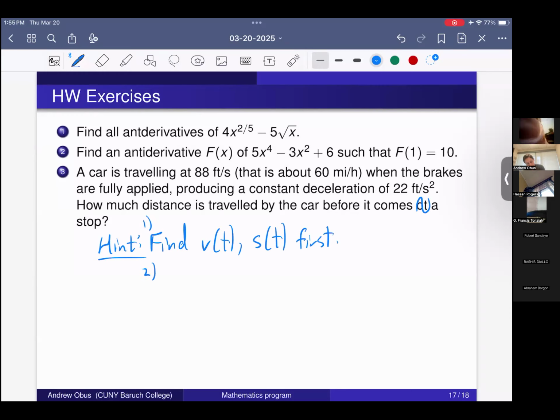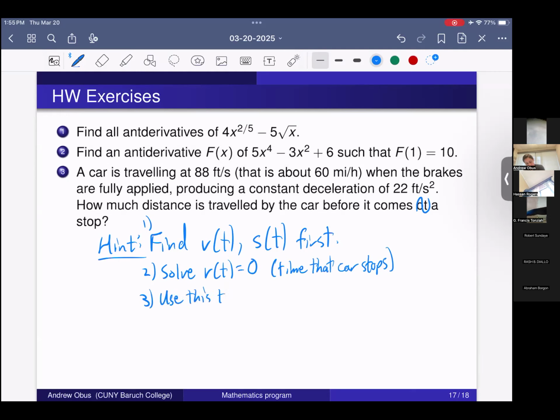Step 2, solve for v of t equals 0. This is going to be the time that the car stops. Then step 3 is use this t to find s of t, which is going to be the distance traveled.